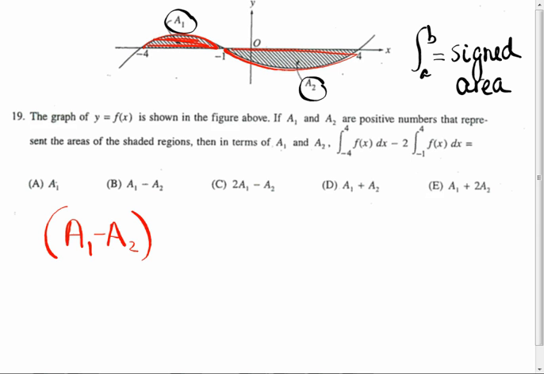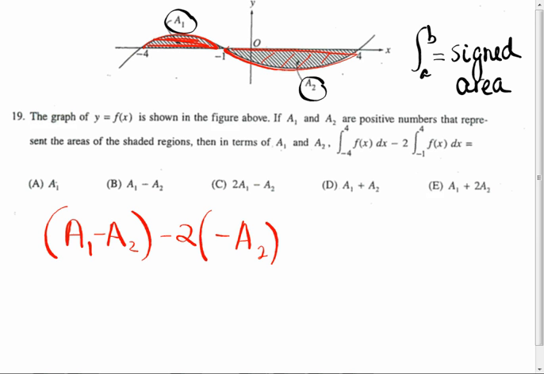That's the first integral. The second integral is 2 times, and I just want the integral from -1 to 4. They could have gone 4 to -1 and really thrown you a loop there. But it's -1 to 4, so that's what? Minus A2. Do you guys see what's negative? This is a positive number.